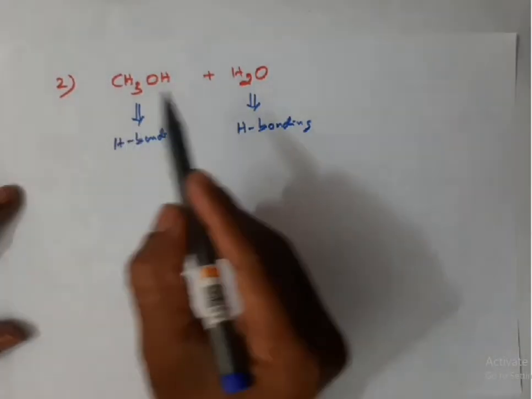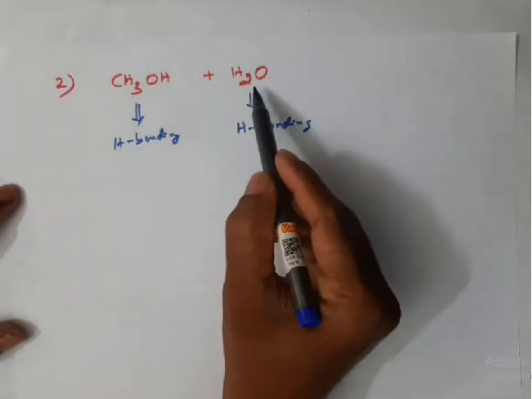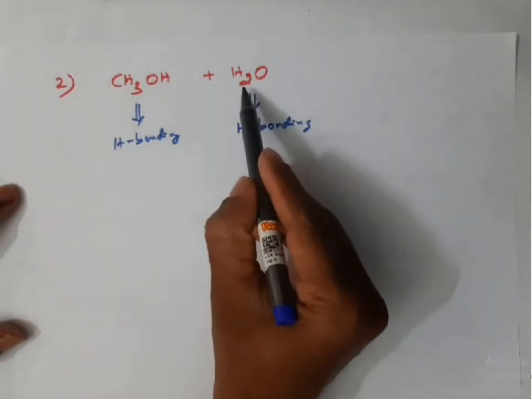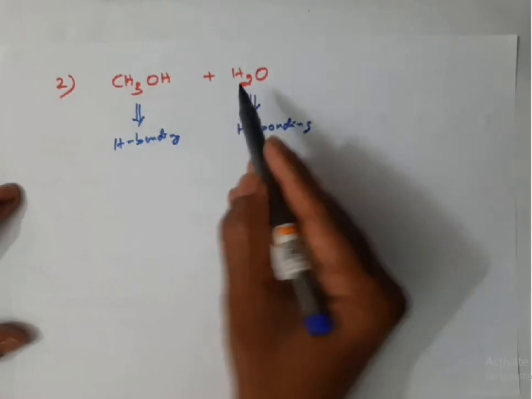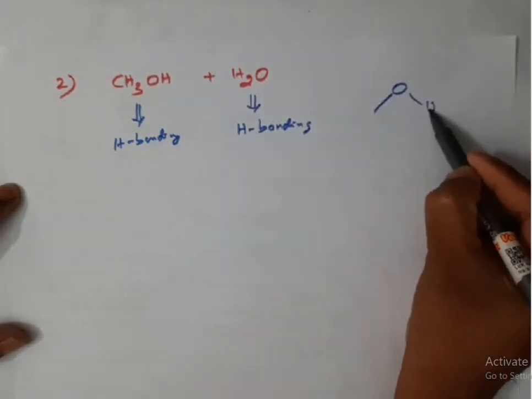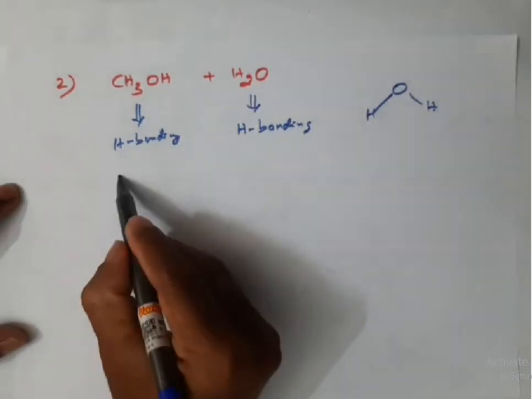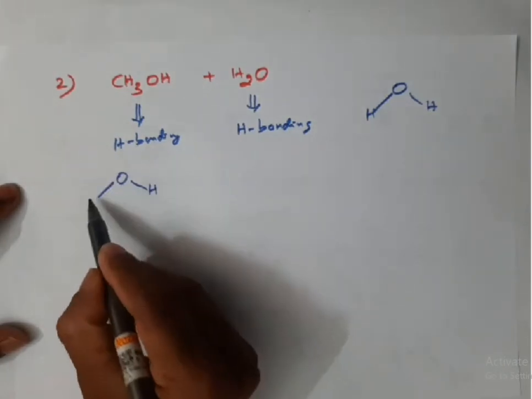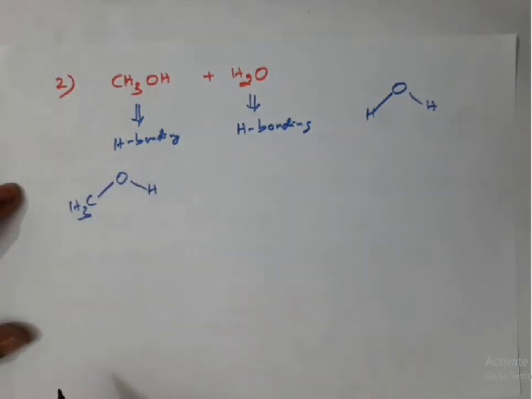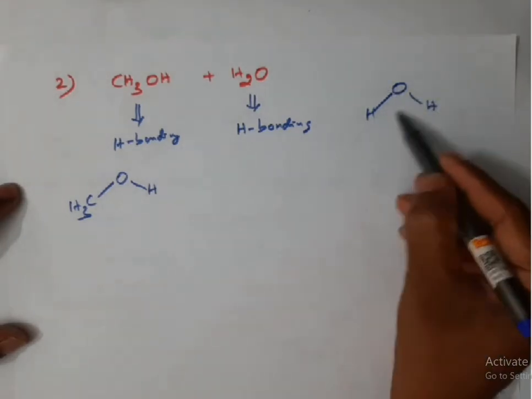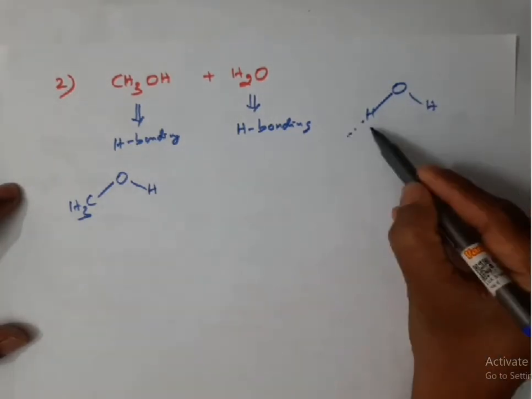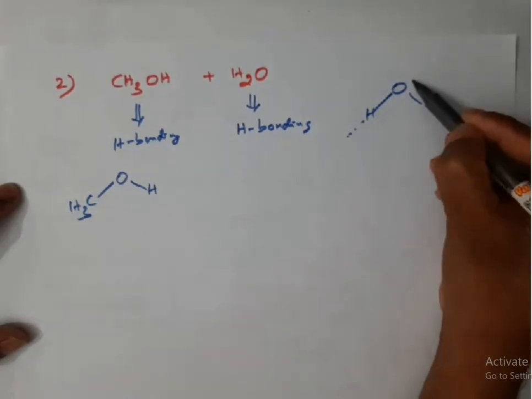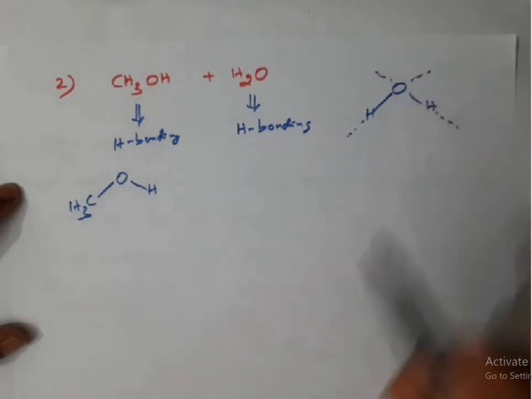But the hydrogen bonding attraction, since we have two hydrogens here, in water oxygen is connected to two hydrogens, whereas in methanol oxygen is connected to one hydrogen and one methyl group. So here the water molecule can form hydrogen bonds with this hydrogen and with this oxygen, so you will get two hydrogen bonds.